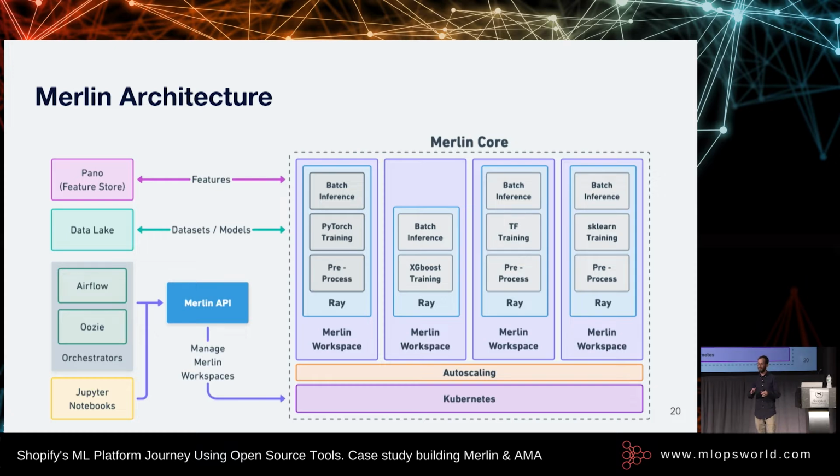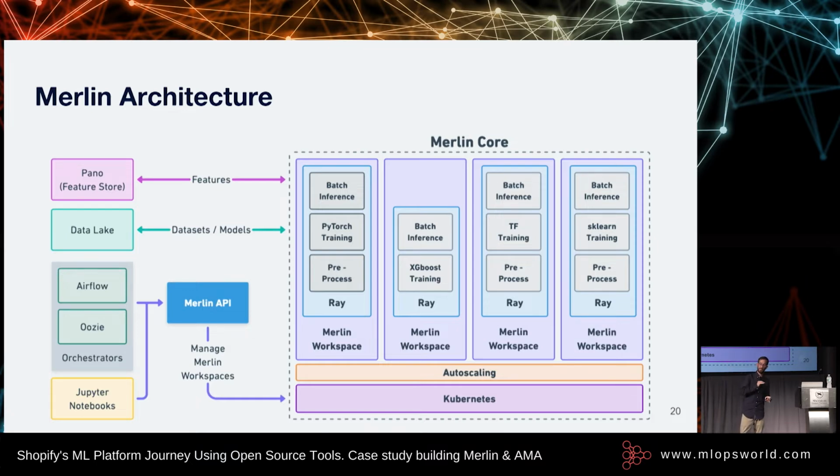And then in order to manage all of these Merlin workspaces, we have built a dedicated API, which we call the Merlin API, which every client that is using our platform goes through. It's a unified, centralized API. And so if a user prototypes from a Jupyter notebook, they go through the Merlin API to create these environments that they need.